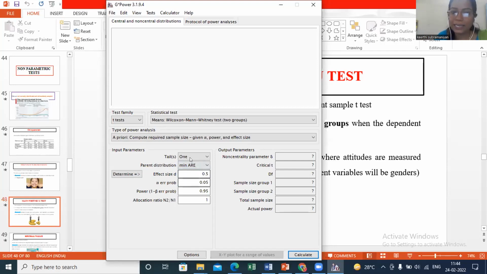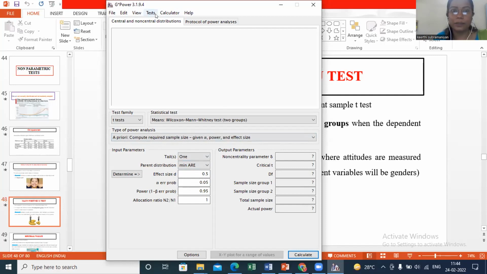Just select that. Everything else remains the same. Min ARE stands for asymptotic relative efficiency, which is an adjustment for power analysis in a skewed distribution.